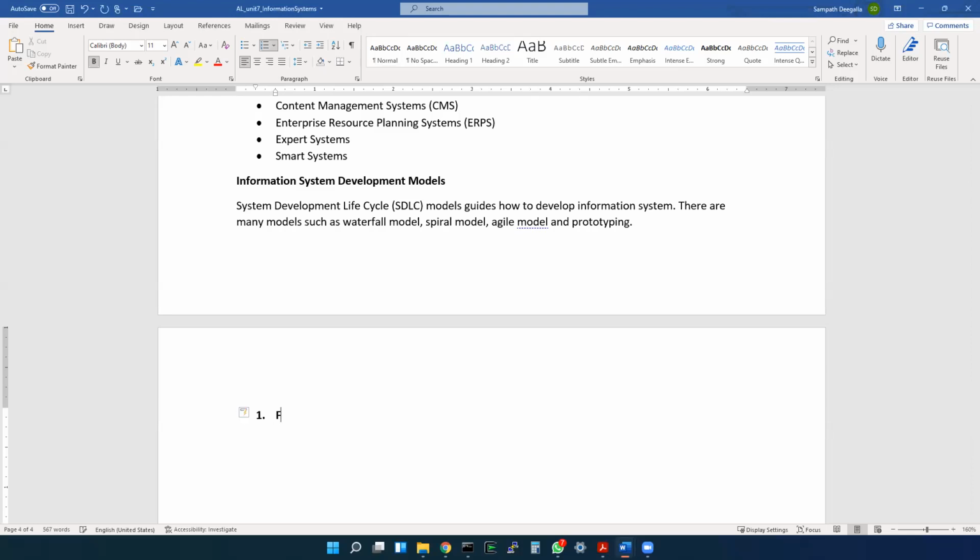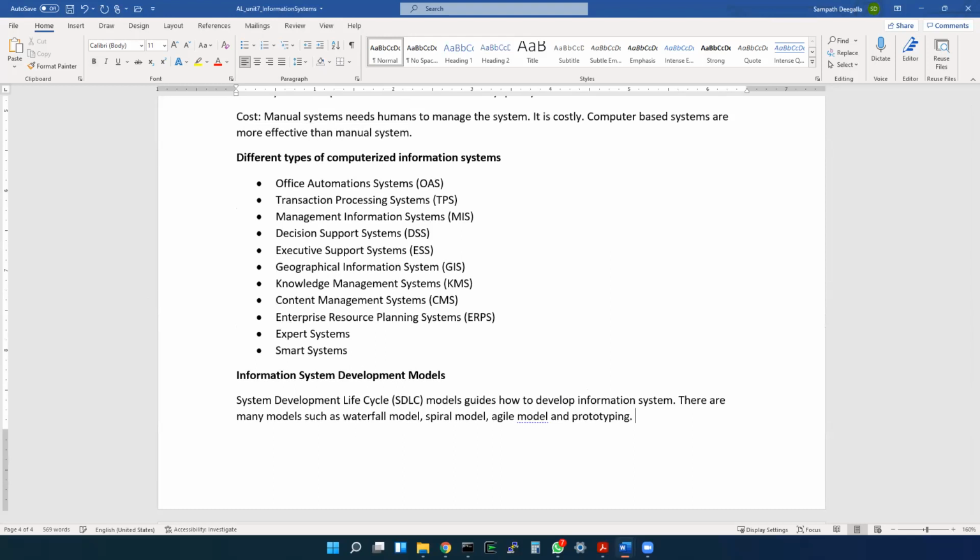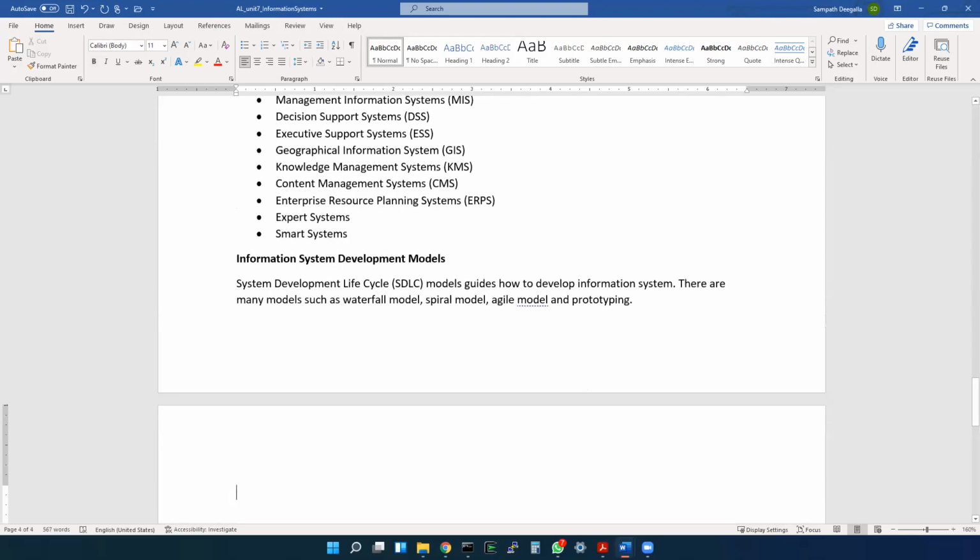So we'll start with the feasibility study. Now, when you say feasibility study, the meaning is whether it's feasible, whether you are in a position to do this, right? There are many difficulties, whether it's financially feasible, whether it's technically feasible, right?